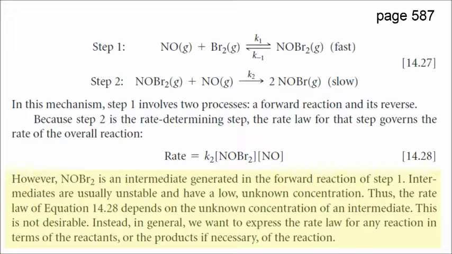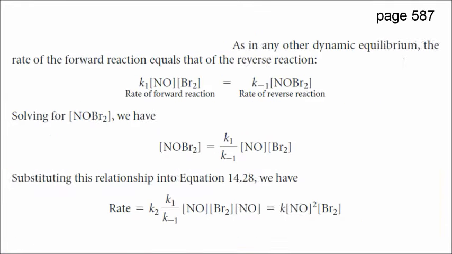NOBr2 is not a reactant or a product, it's an intermediate. Intermediates are usually unstable and have a low, unknown concentration, so therefore you cannot write a rate law that depends on the unknown concentration of an intermediate. This is not desirable. We want to express the rate law in terms of the reactants. So focusing on how we can get rid of this NOBr2 in the rate law, we did this in our chapter 14 packet.